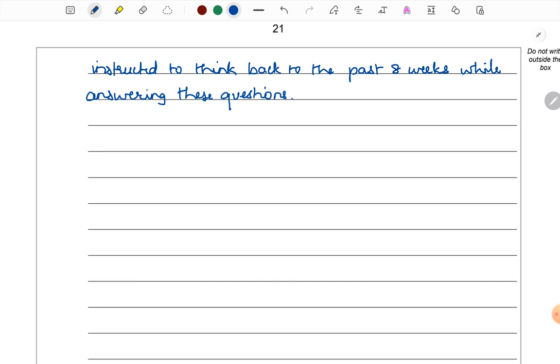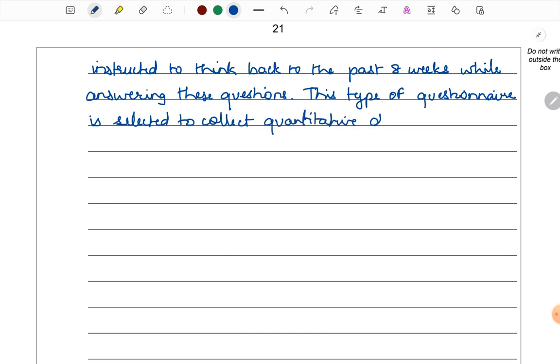This type of questionnaire is selected to collect quantitative data as the ratings will be converted to scores of the same value.